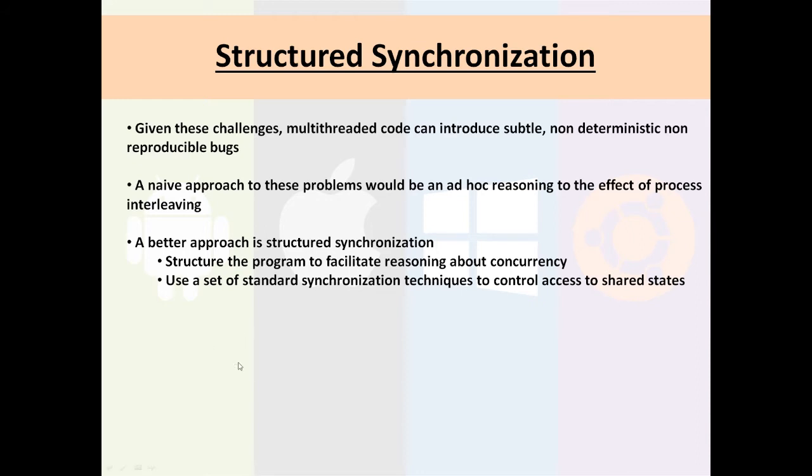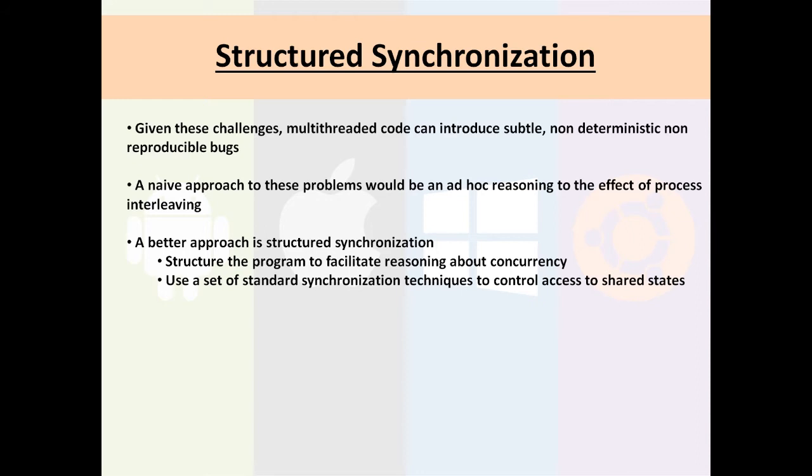So given these challenges of our multi-threaded code, which can introduce non-deterministic, non-reproducible bugs, which were our Heisenbugs, how can we solve this problem? Well, a naive approach would be to have some sort of ad hoc reasoning about the effects of process interleaving. A better approach is to utilize structured synchronization.